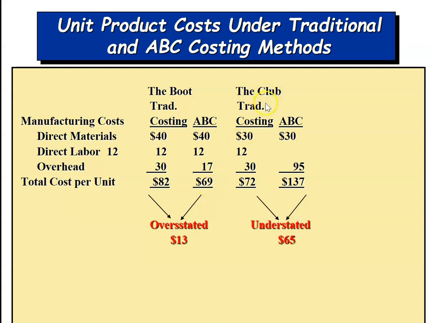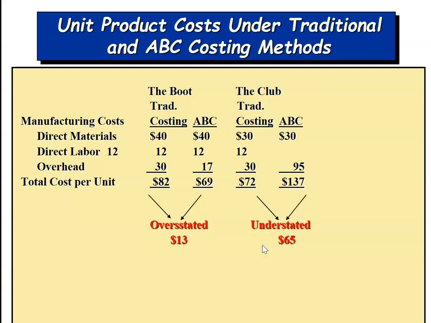Over here, the club, kind of a bizarre situation. We were massively understated on product costs. So we might have ended up selling a whole lot of those club products. We estimated 5,000 units being sold. Well, if we're $65 understated per unit, we might have sold a whole lot. And this is going to have a tremendously negative impact on earnings.